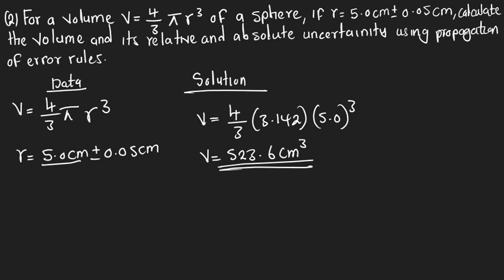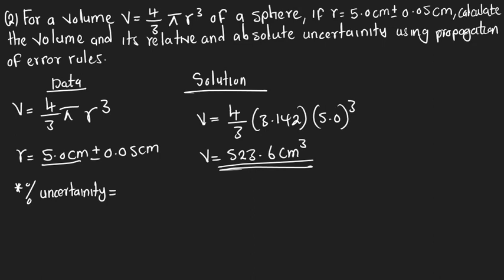Now, how do you find the absolute uncertainty? To find the absolute uncertainty, first of all, you need to find the percentage uncertainty. I taught this under personal tuitions, and I'm sure if you're part of it, you understand what percentage uncertainty is.